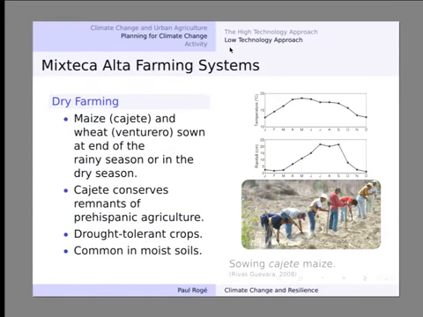I want to just briefly describe the kinds of agroecosystems that exist in the region. So the most traditional form of planting maize is the cajete system, which basically just means box in English. And basically what people do is in the dry season, I should probably point out the climatological dynamics in the region. So the rainfall starts in May to June is when it really takes off, and then it kind of ends around October.